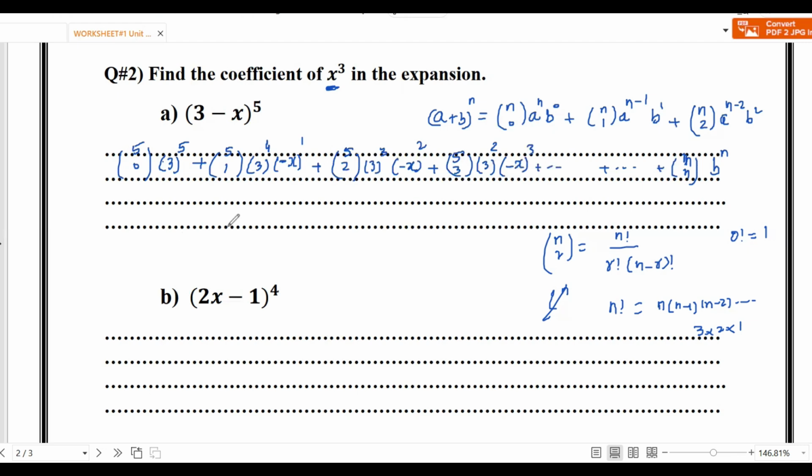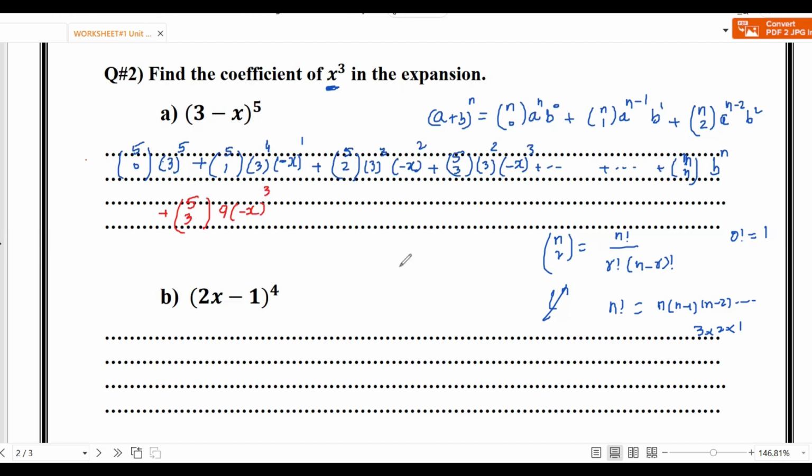We are looking for the coefficient of x cubed. So 5 choose 3, 3 square gives us 9, and this is minus x cube. Here we have plus.